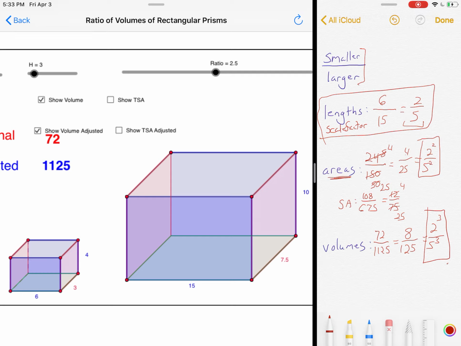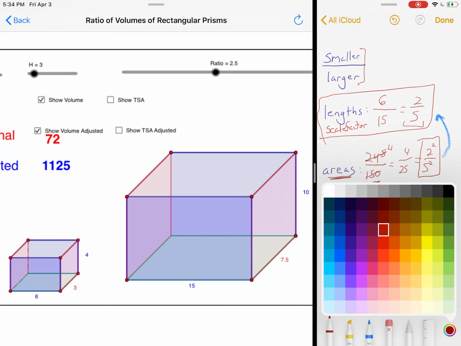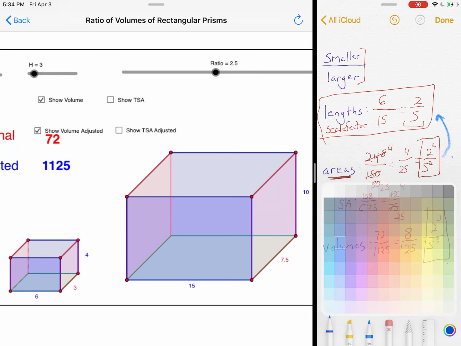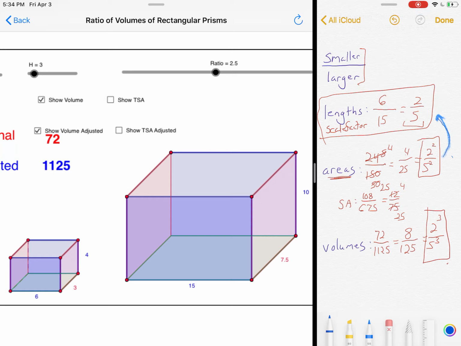Now I also want you to realize that if you have the ratio of the areas and you want the ratio of the lengths, you can take the square root of that. So we can take the square root of the top over the square root of the bottom.